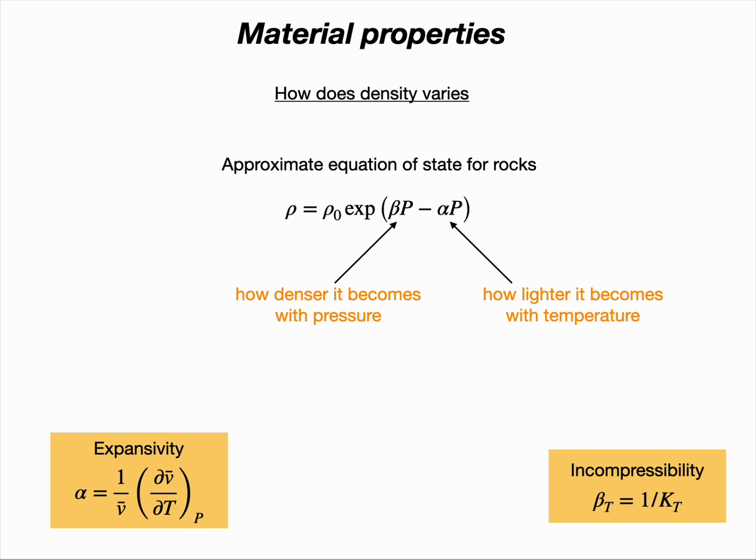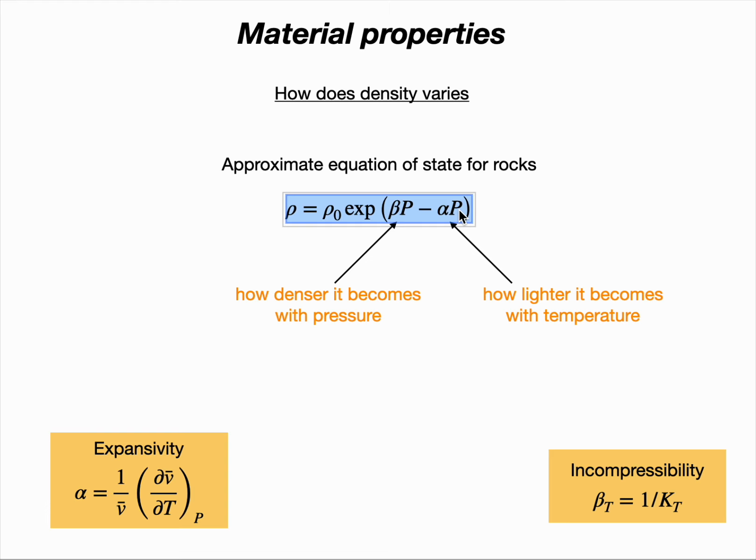So since we've defined alpha and we've defined beta, I can now, for example, introduce an equation of state which describes how the density of the rock will vary with pressure and temperature. So what you see here is this expression. It's one out of many potential expressions for describing how the density evolves with pressure and temperature.